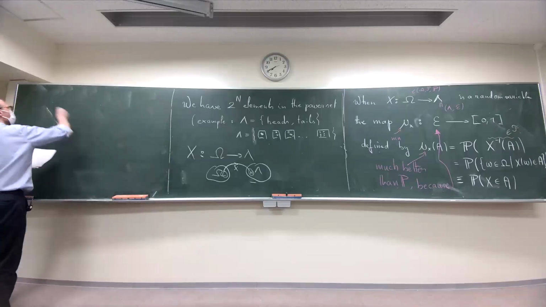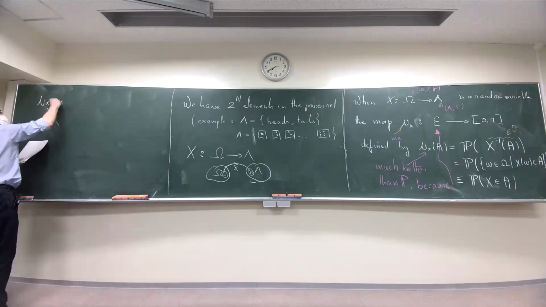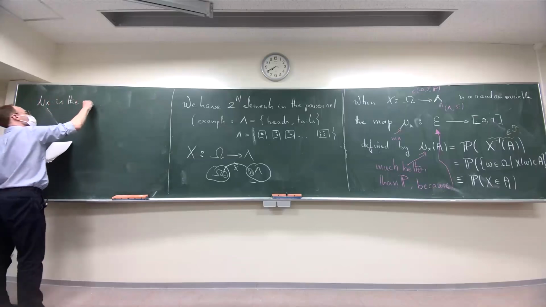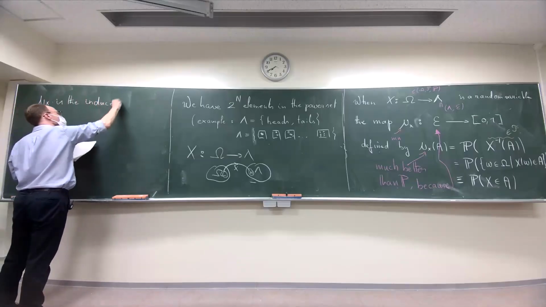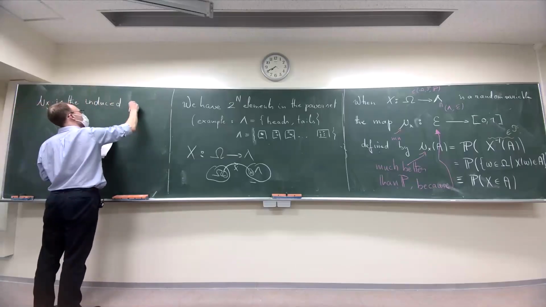So this mu X is called the induced probability measure.